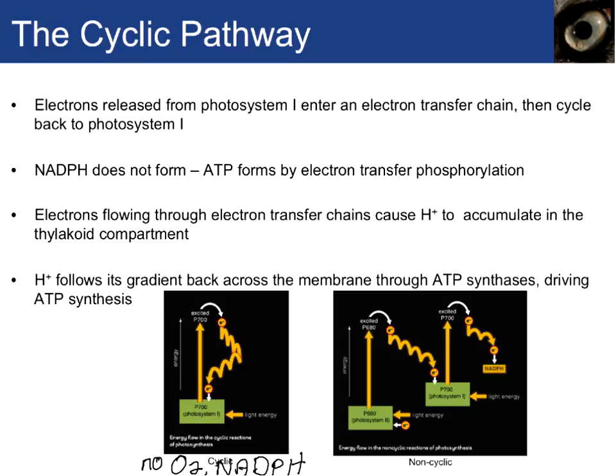So on the non-cyclic pathway, you're going to have both the high energy molecules ATP and NADPH produced. Whereas with the cyclic pathway, you are only going to have ATP produced. And so therefore the non-cyclic pathway can produce more energy.